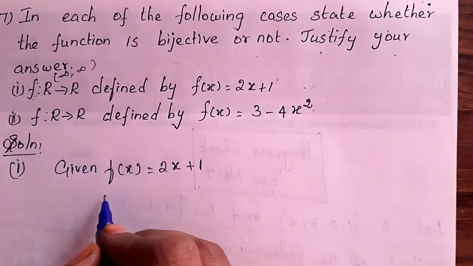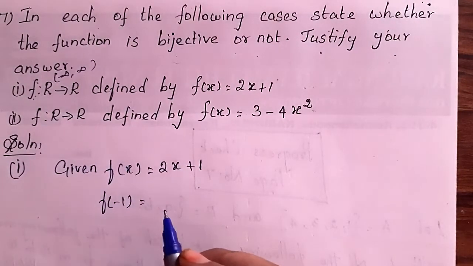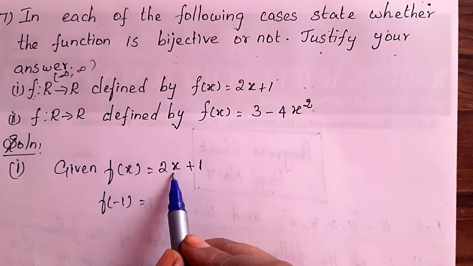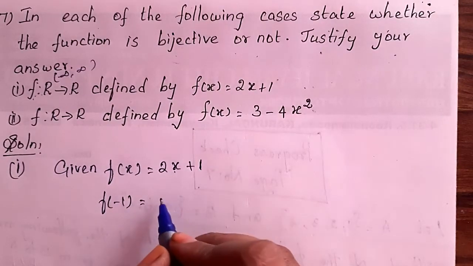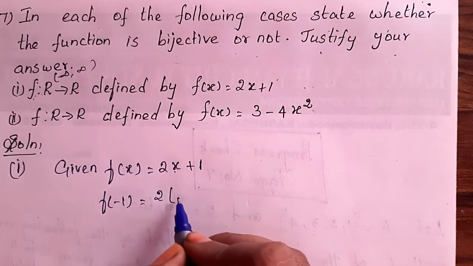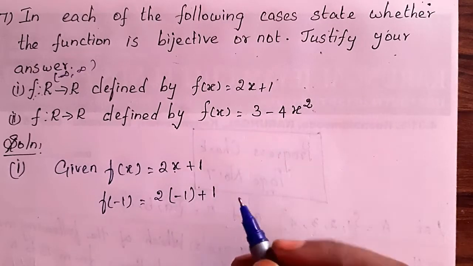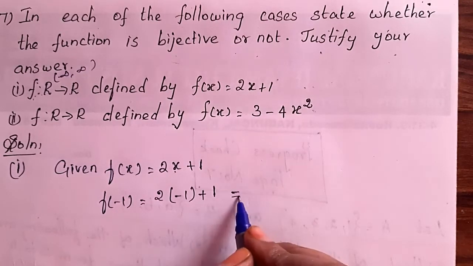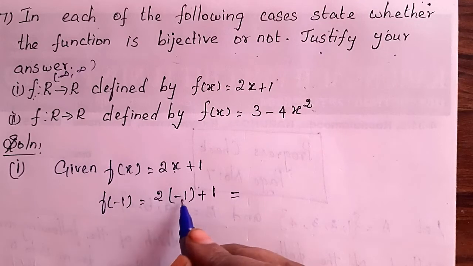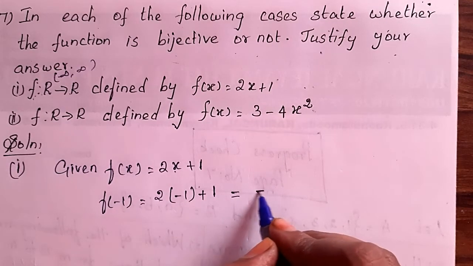So first I can take f of minus 1 equal to. In this place of x we are going to apply minus 1. 2 into minus 1 plus 1. Then that is equal to 2 into minus 1. Definitely our sign will be negative.